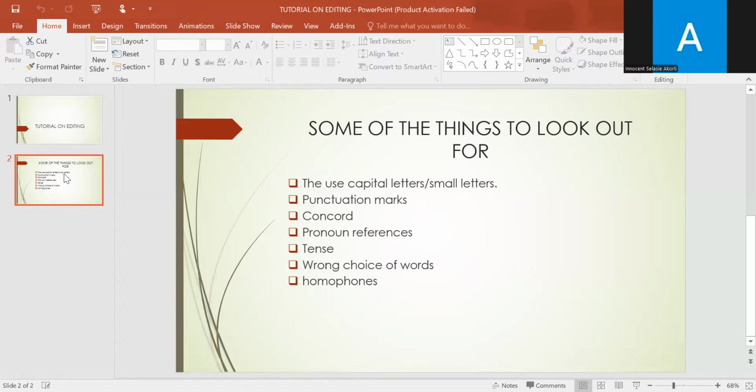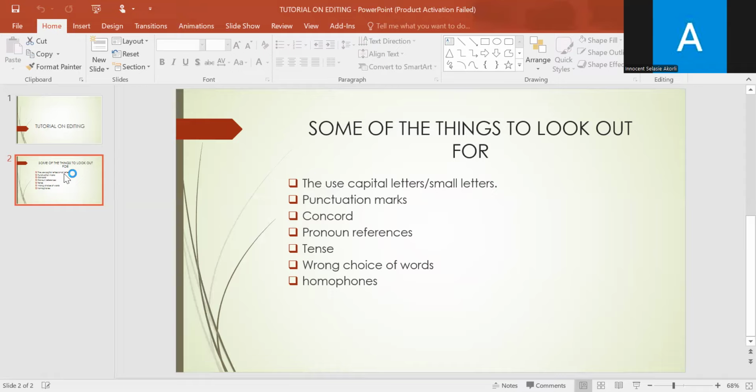Then tense. Sometimes you see a particular passage is running, it is in the past tense, but then the examiner can, then you see something like a present tense somewhere. If it doesn't fit, it is your duty to change the tense to agree with the dominant tense in the text or in the passage.